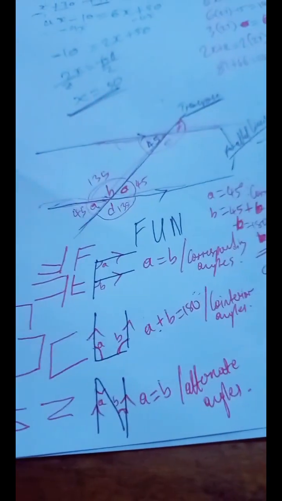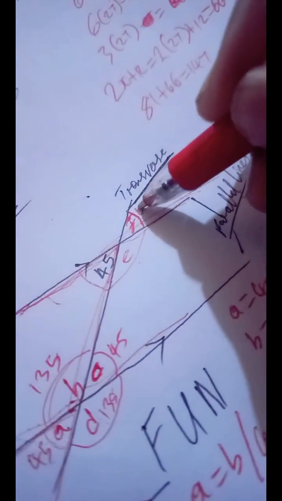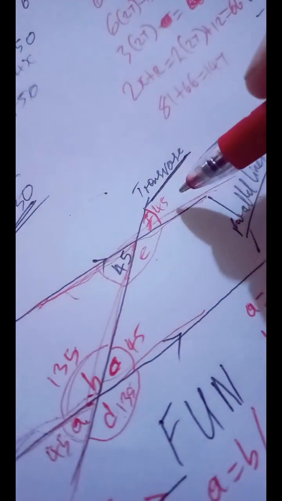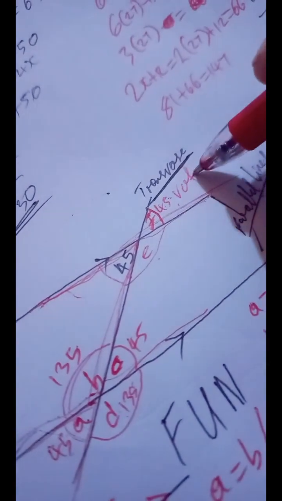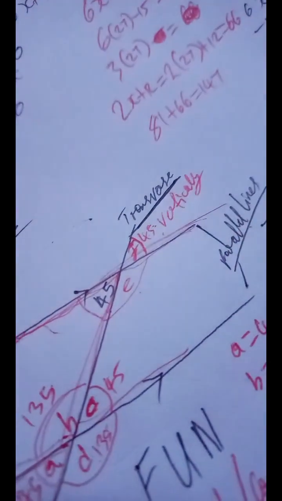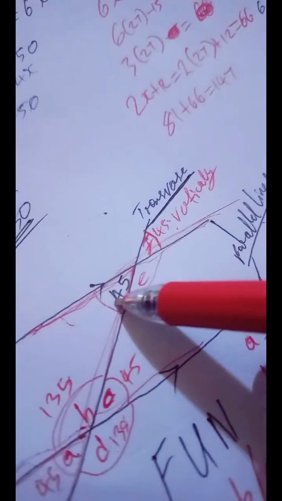Let's go back to our laws. This one is a different paper. We said F is 45 because it is vertically opposite to this one, right?